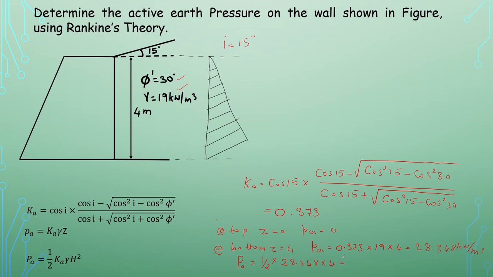You are going to get Pa as 56.7 kilonewton per unit length. So this is how you are going to get Pa.